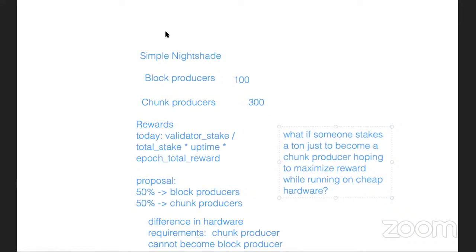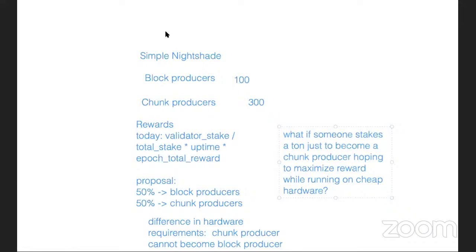Something else occurred to me while you were having the conversation about chunk producers getting kicked out for low uptime. Is uptime measured as chunks included in blocks? And if so, does that mean block producers could choose to censor certain chunk producers that they don't like? Yes, I think it's the other way around, right?